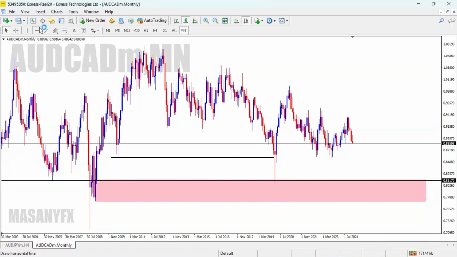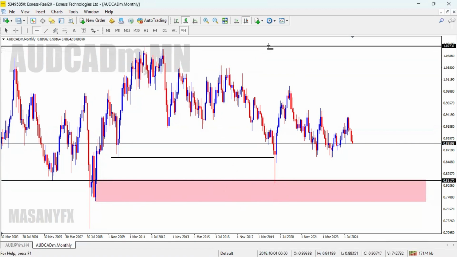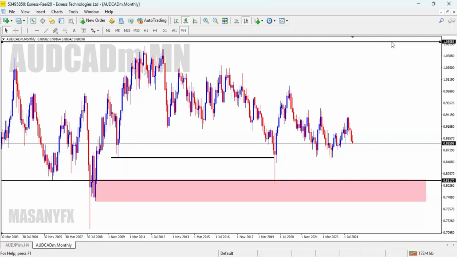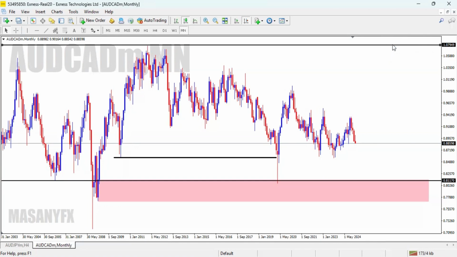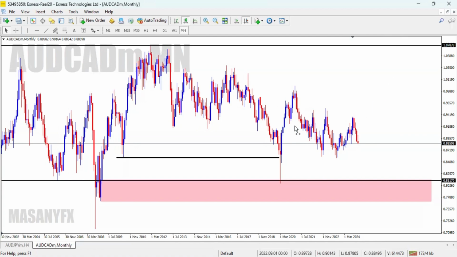So we are still expecting AUD CAD to hit this line. I don't know when it will hit it, but it will hit it one day. Maybe this year, maybe next year, I don't know the exact time.